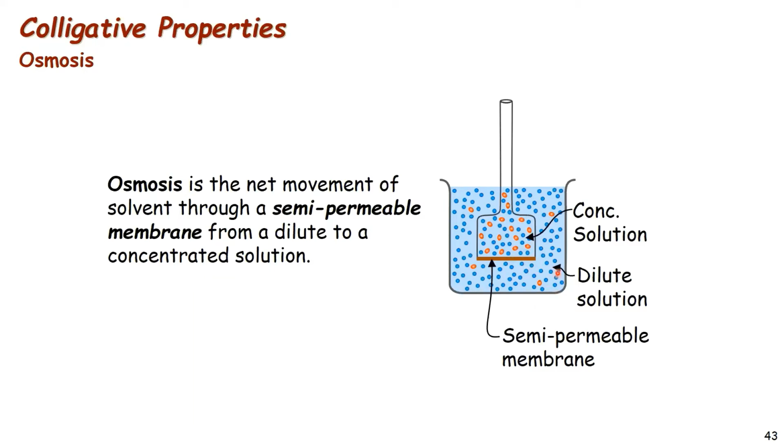Now, we already know from other properties that if we have a concentrated solution and a dilute solution somehow in contact with one another, the solvent molecules are going to want to go from the dilute to the concentrated, until the concentration of this would equal the concentration of this, right? So the 2 solutions would have equal concentration. That's just a normal thing that occurs in nature, okay?